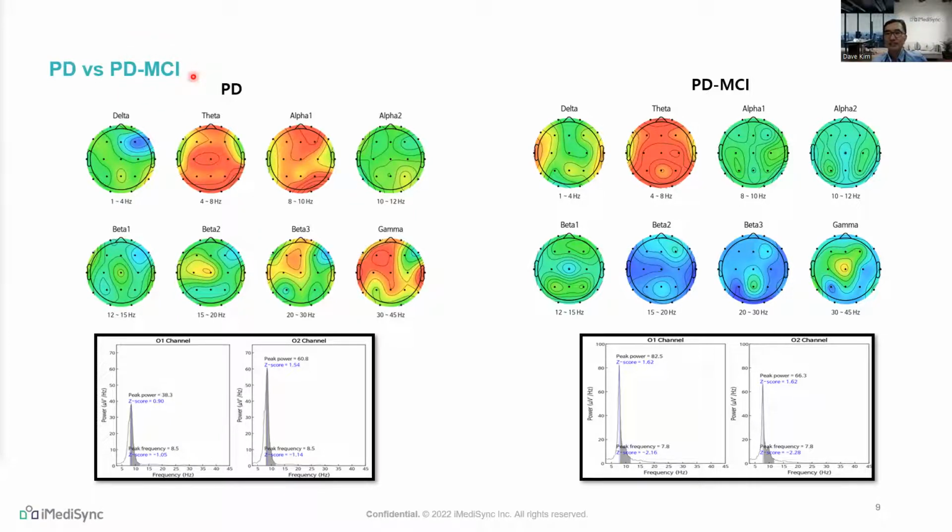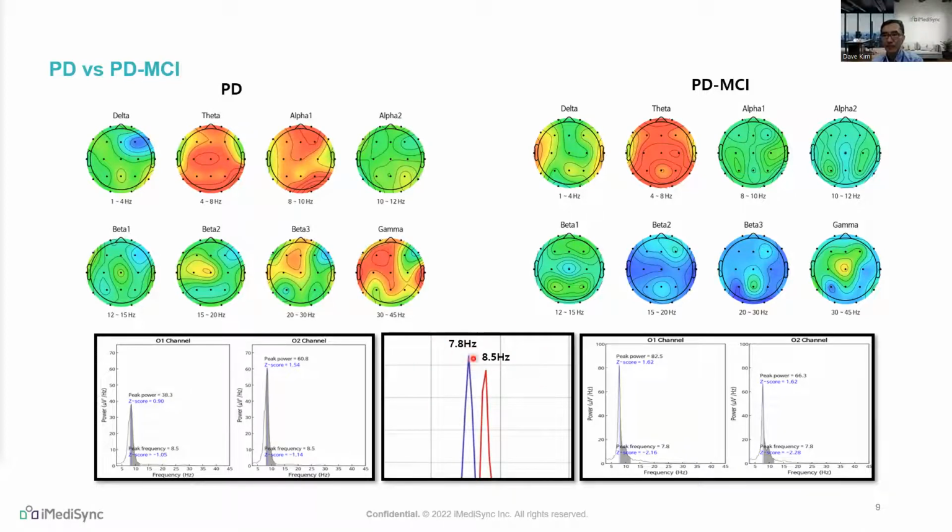Sometimes Parkinson disease dementia. We can compare both EEGs, Parkinson disease without cognitive decline and with cognitive decline, in this slide, and Parkinson disease with cognitive decline shows more slow alpha activity here. This is 8.5 hertz. This is 7.8 hertz.